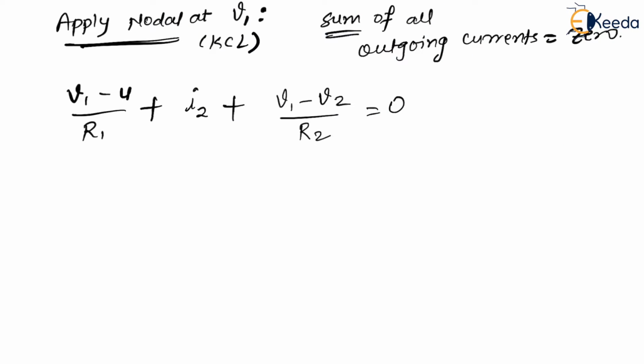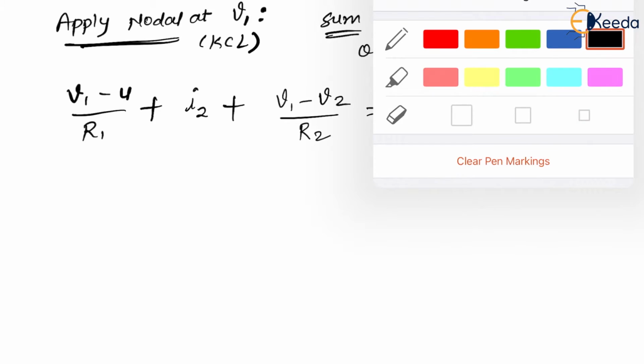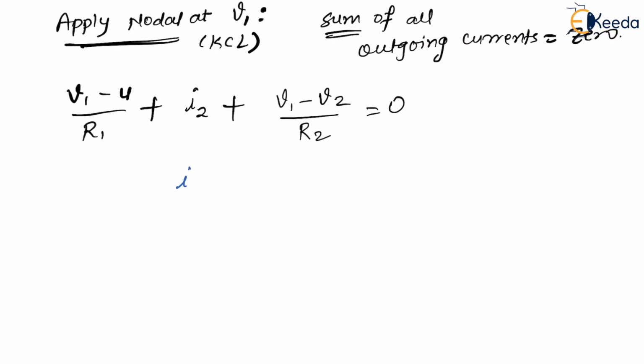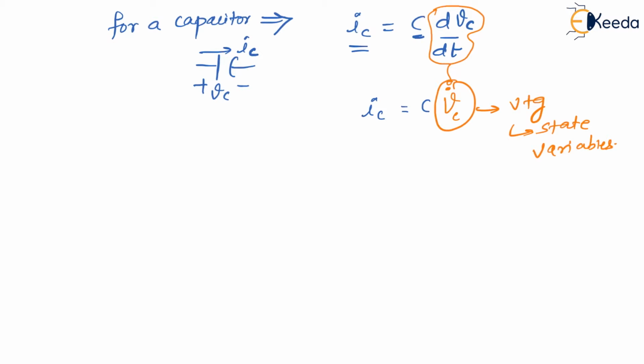Now what about I2, sir? I2 current is equal to C1 into V1 dot. How, sir? Because capacitor current is nothing but C into Vc dot.